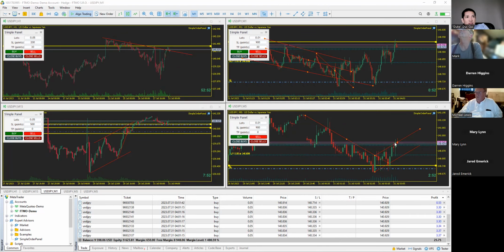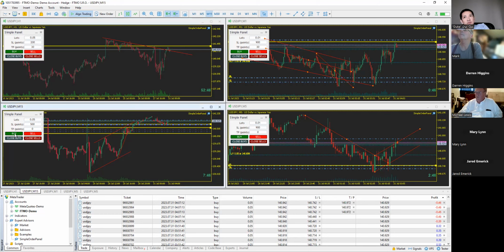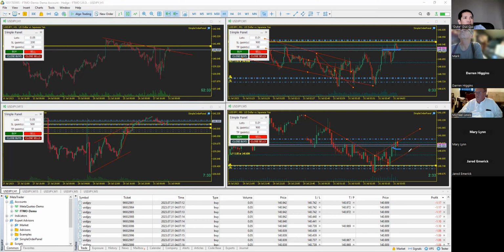So right here, retouch of the break, and now add back. 1, 2, 3, 4, 5, 1, 2, 3, 4, 5, 6, 7, 8, 9, 10. Retouch right here. There's a little bit deeper of the body right there. 1, 2, 3, 4, 5. 1, 2, 3, 4, 5.